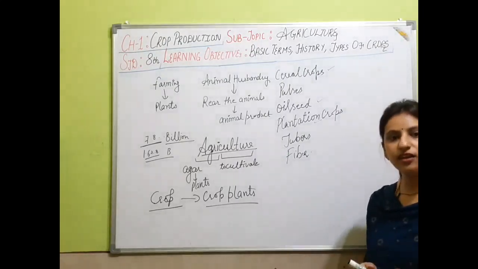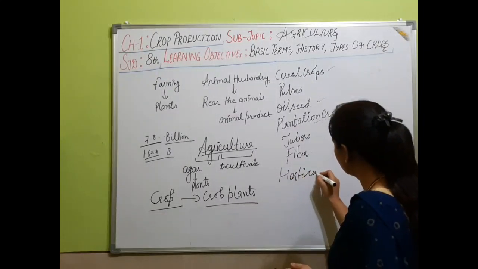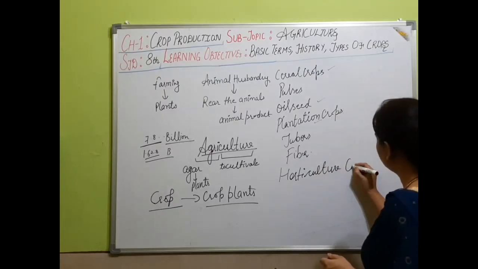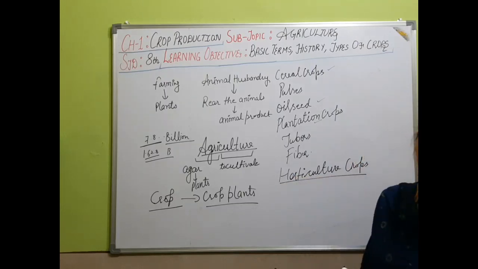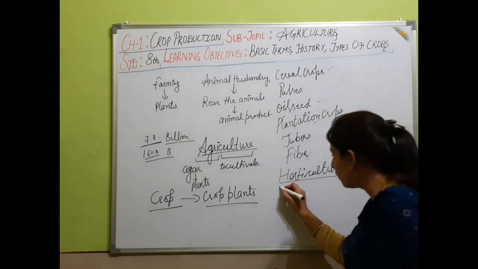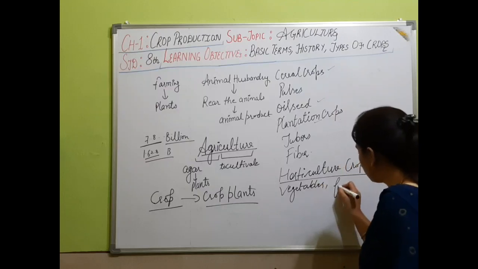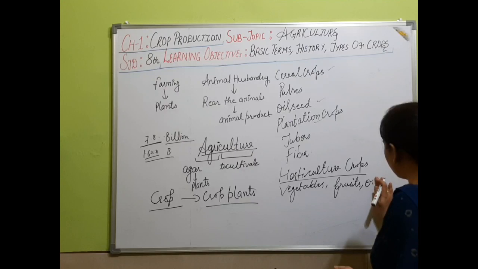The second category is the horticulture crop. In horticulture crops there is cultivation of vegetables, fruits, and some ornamental plants.